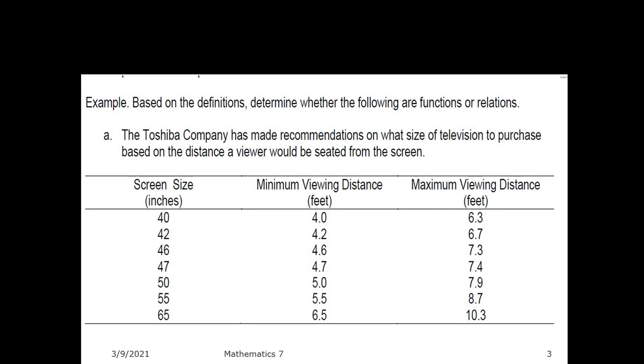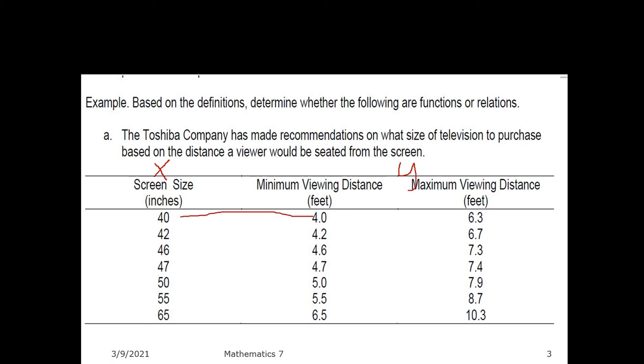Let's try to see. The Toshiba company has made recommendations on what size of television to purchase based on the distance a viewer would be seated from the screen. If this is our domain, our x, this will be our y. So 40 is paired with 40.